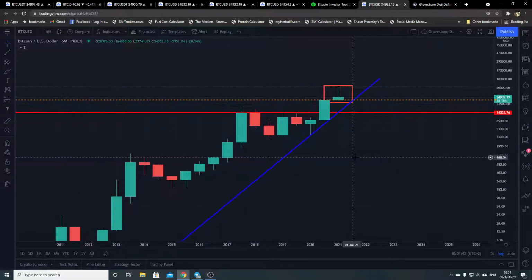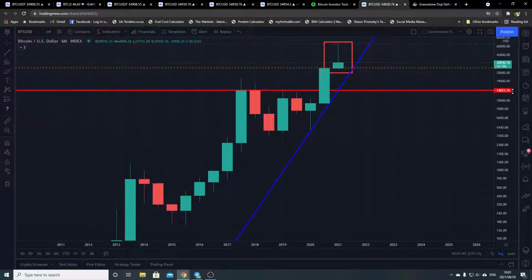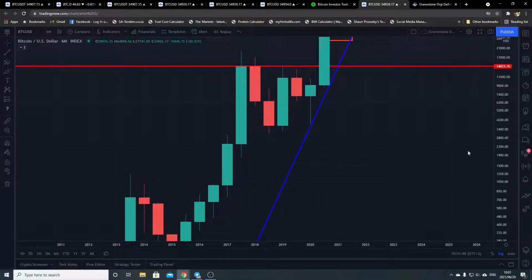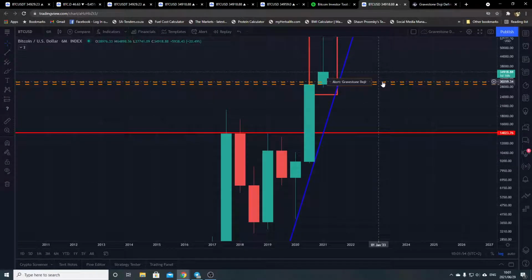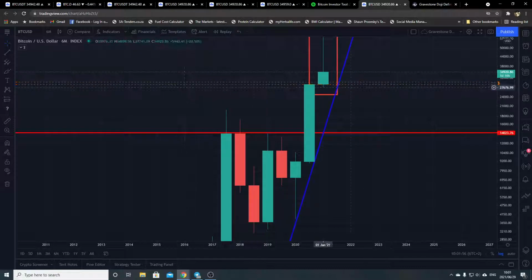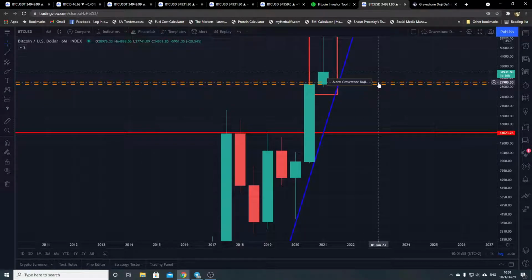But what we need to wait for is for the price to come down further. Now I'm just going to zoom in a bit so you guys can see. These are the areas which I've put an alert on TradingView, under Gravestone Doji. You can see the price is in the region of 29K, the low, and the high is about 30,000.